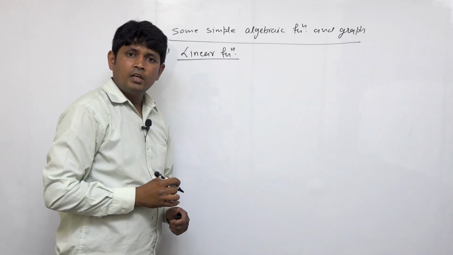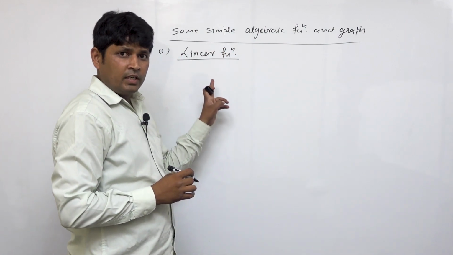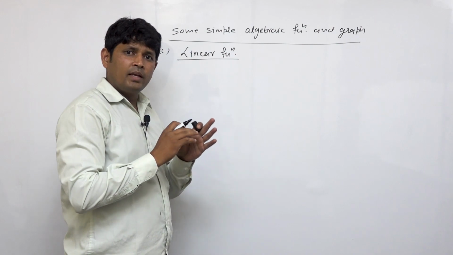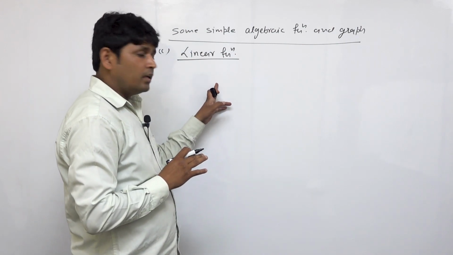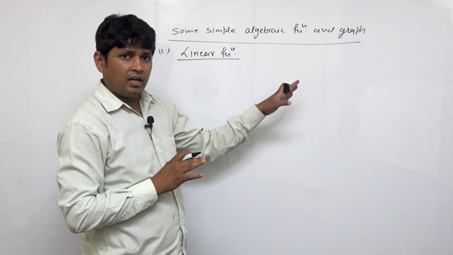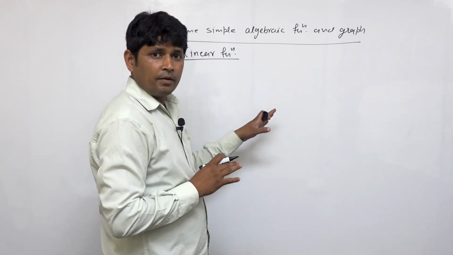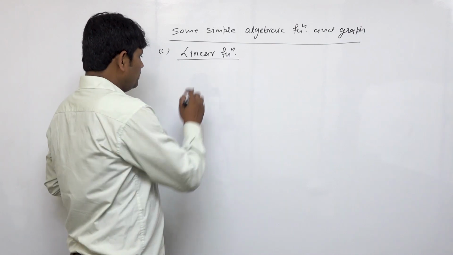Linear function. Linear function means a function, if you draw the graph, you will get always a straight line. So even in identity function, there is a straight line, but there is a special type of graph there. But in the linear function, you can define like that.